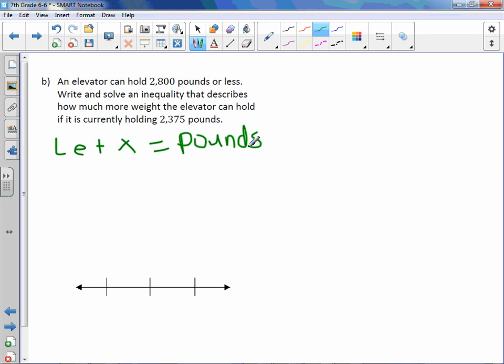Okay, so we have x pounds plus the 2,375 pounds, which can be less than or equal to 2,800 pounds. That's our inequality. It says it can hold 2,800 or less.